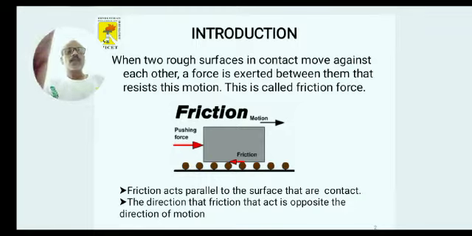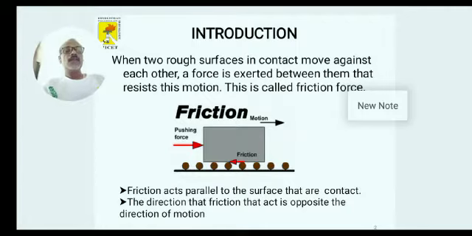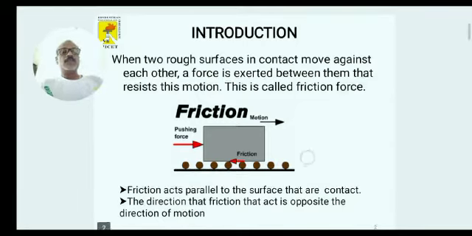So frictional force is very important in our daily life. Without friction force, it is impossible to move or stand on a 100% smooth floor. So we have to avoid 100% smooth surfaces and make some rough surface, because only a rough surface produces the frictional force.